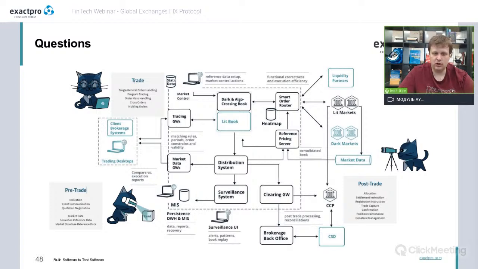We intend to release more lectures to be publicly available, and the next lectures will cover exchange architecture, defects, the submission process, and market data using model-based testing, etc. We intend to include into this introductory course quite a lot of information relevant to software testing and development of modern exchange platforms, including crypto exchanges.